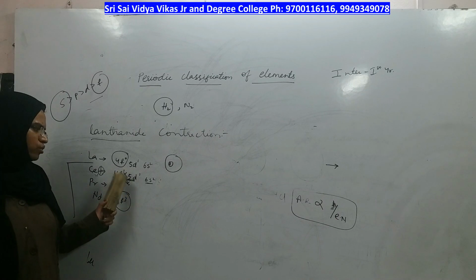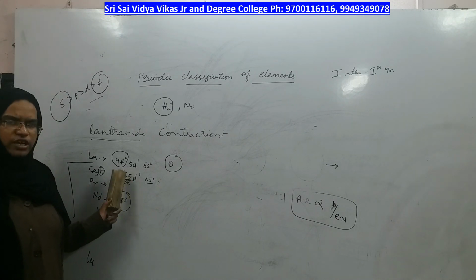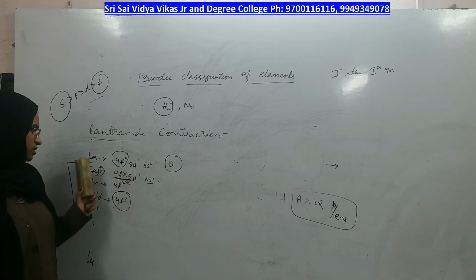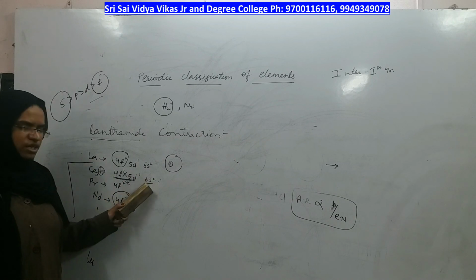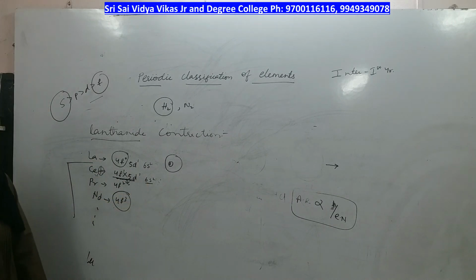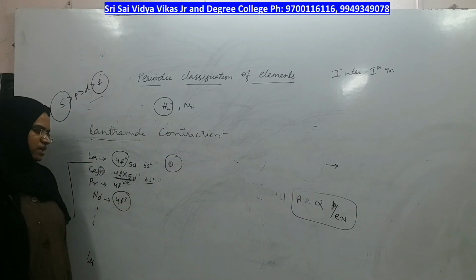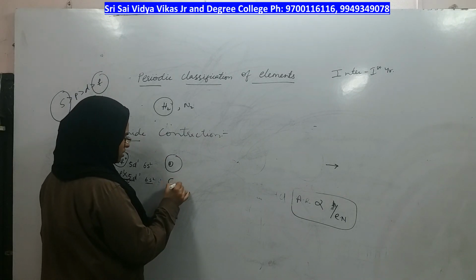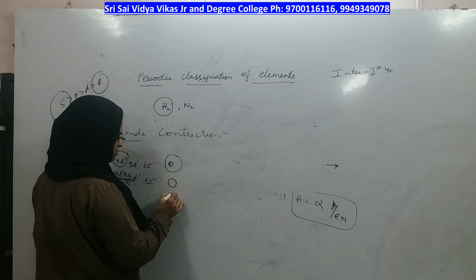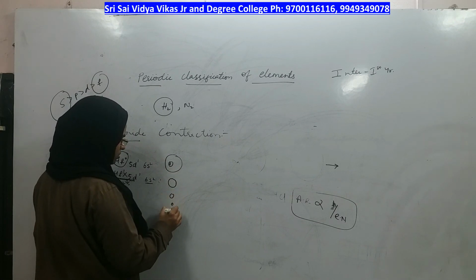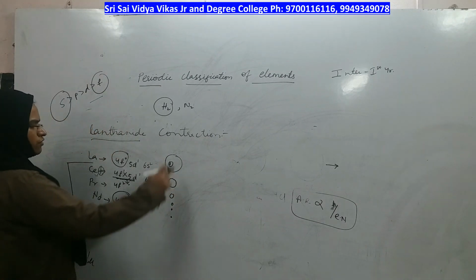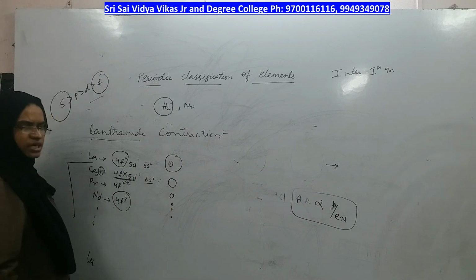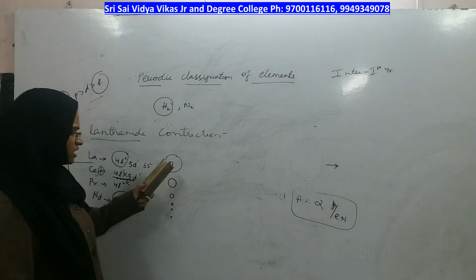Because of the poor screening effect of f orbitals, the nuclear charge on the last electron will be very high and the last electron gets attracted by the nucleus. Therefore, the size starts to decrease from lanthanum to cerium to praseodymium to neodymium to lutetium. So, from top to bottom, atomic radius decreases.